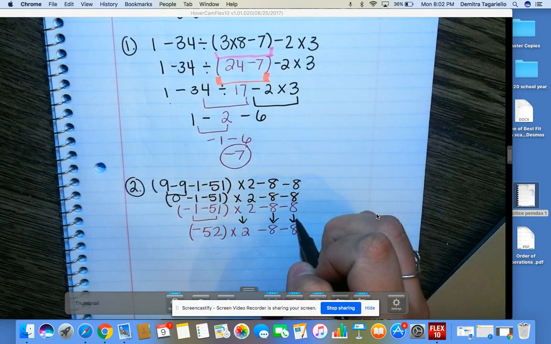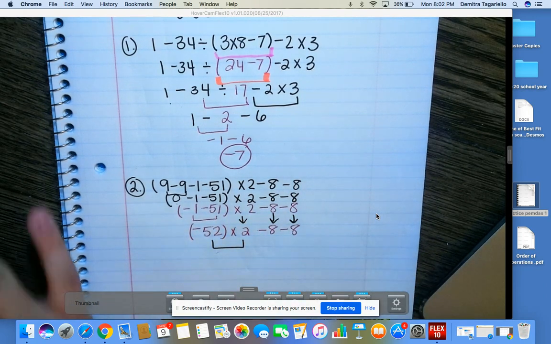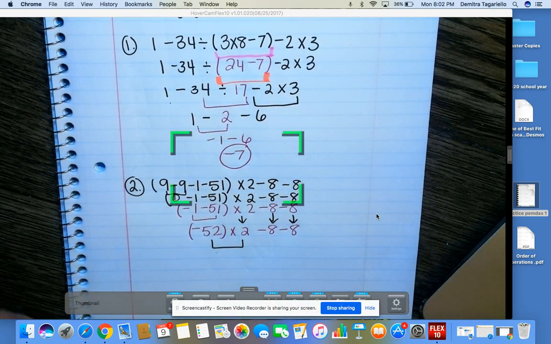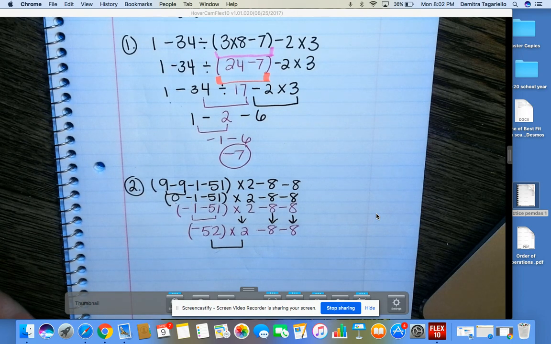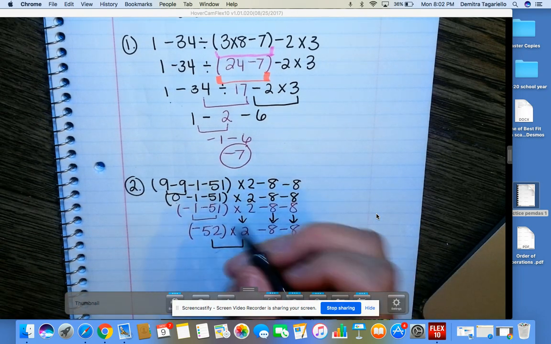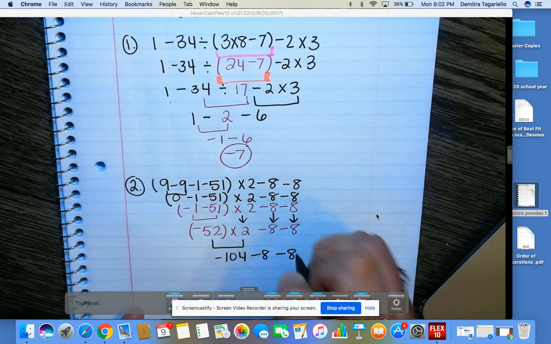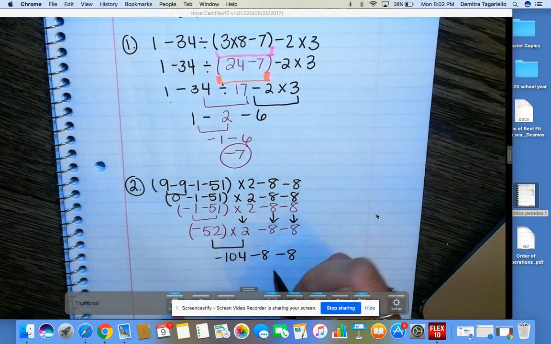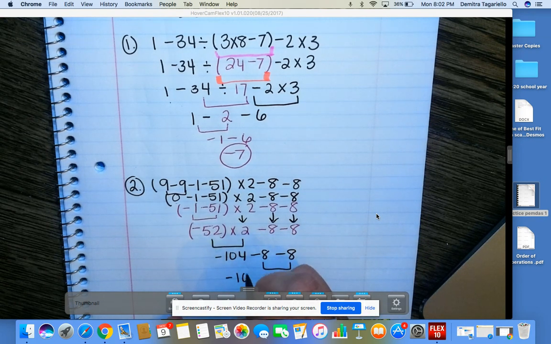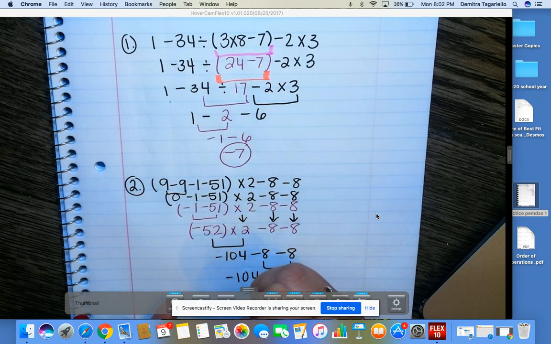Then I would do negative 52 times 2. Negative times a positive is going to end up being a negative, okay? So this is actually negative 104 minus 8. If you put this all into a calculator, this is really negative 16. So negative 104 minus 16 ends up being negative 120.